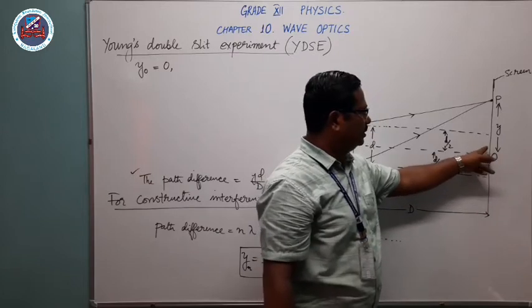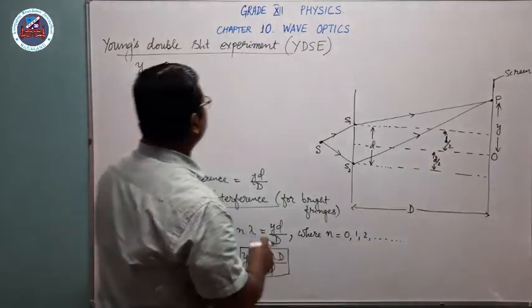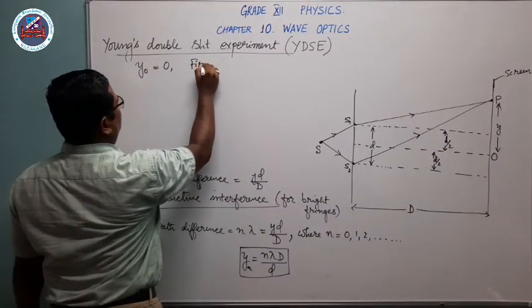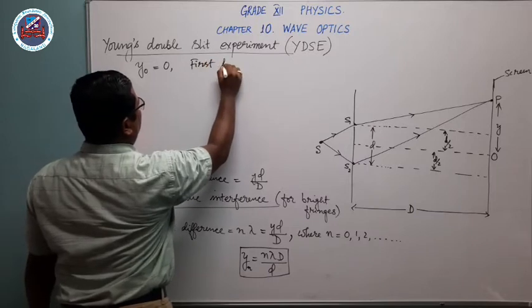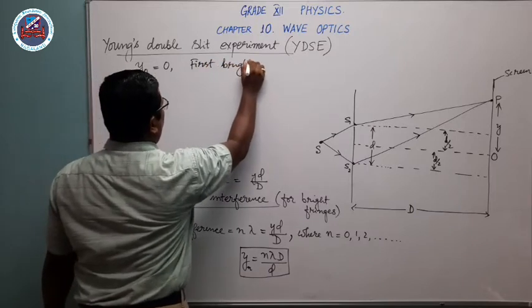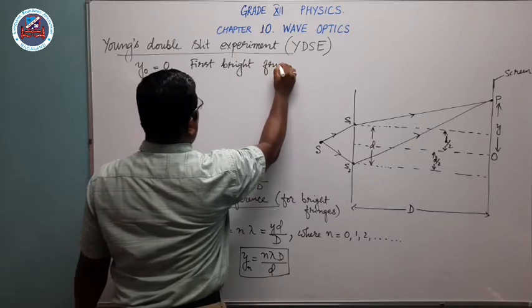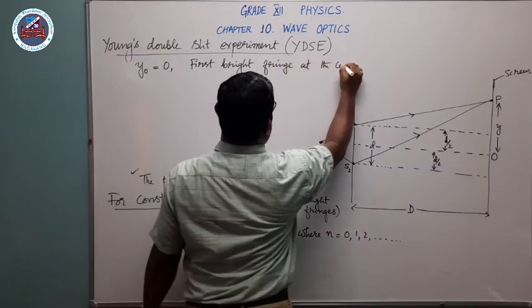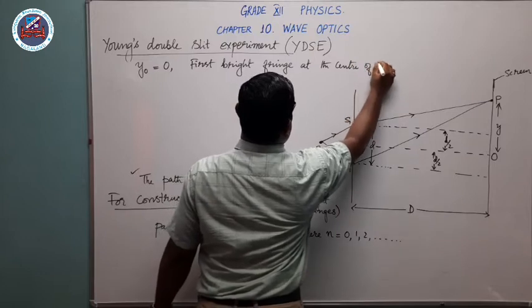So the first bright fringe is at the center of the screen.